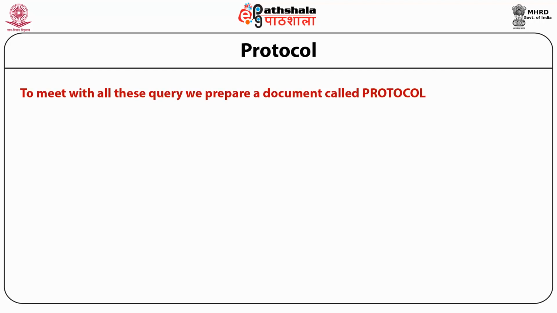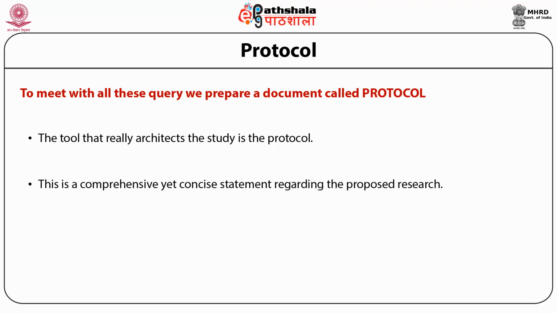To meet all the queries addressed previously, we prepare a document which is called a protocol. This is a tool which architects the study, or you can say it is the blueprint of the study. It is a comprehensive yet concise statement regarding the proposed research.